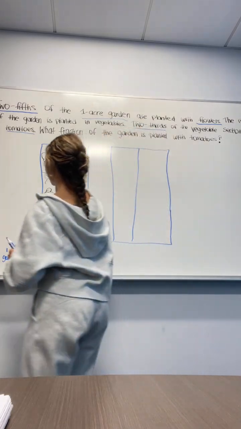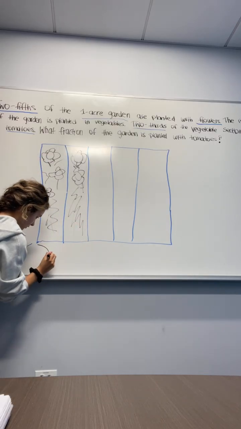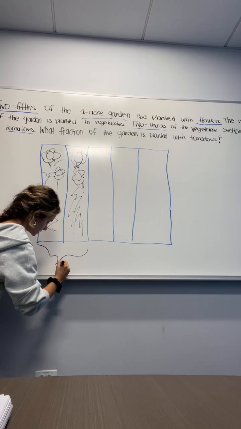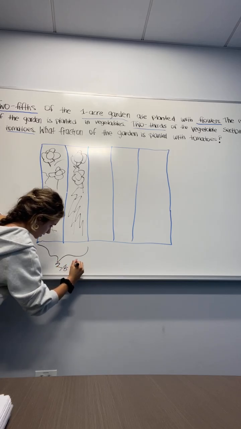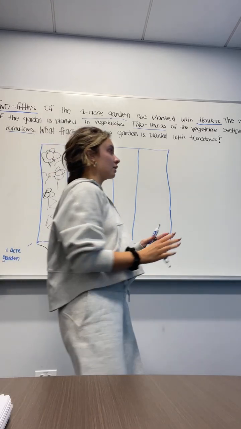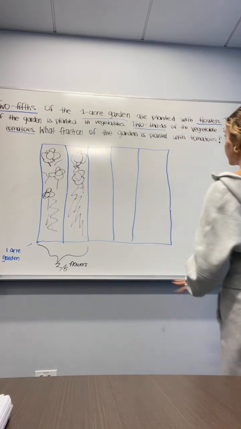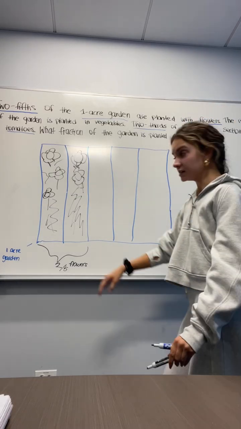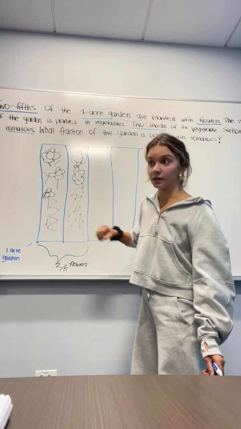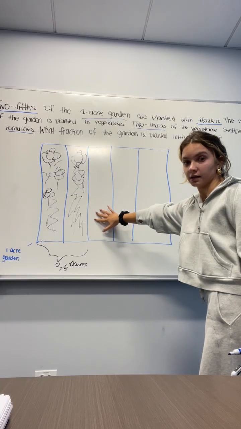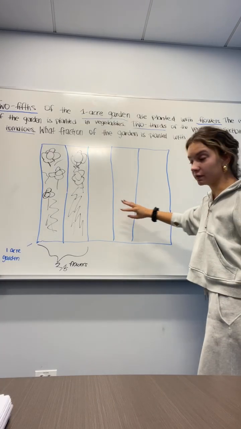I'm actually going to label that down here so we don't forget. 2/5 flowers. Okay. Now our problem says the rest of the garden is planted in vegetables. So if this section is 2/5, then the rest of it would be everything that is untouched, everything that's not labeled.